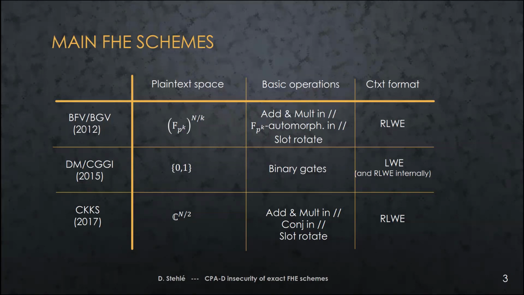And the last family out of the three, the most recent, is CKKS, where the native plaintext space is vectors of complex numbers, or approximations to complex numbers. Again, you can add and multiply component-wise. You can conjugate component-wise homomorphically, and you can take the coordinates of a vector and rotate them. Again, the ciphertext format is ring LWE like BFV and BGV.